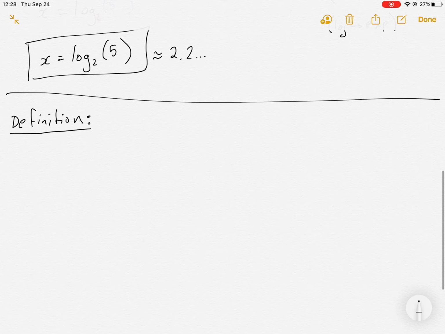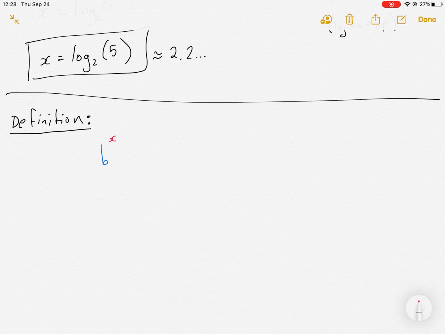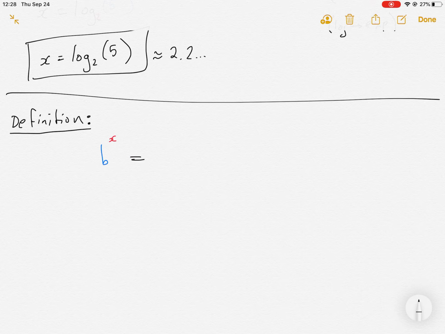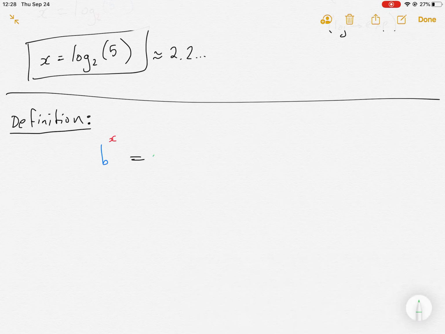If you're given some exponential expression, let's call it b. Actually, I think I'm going to color code this. So let's say it was b to the power of x equals y.